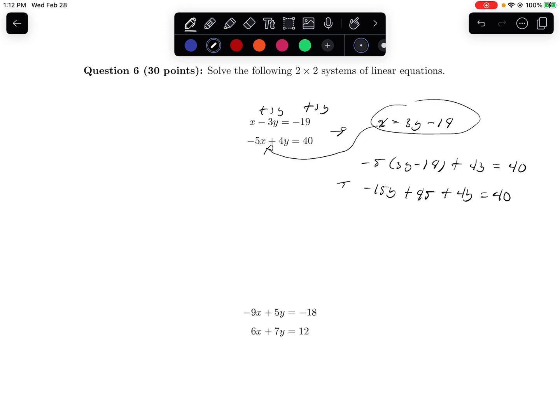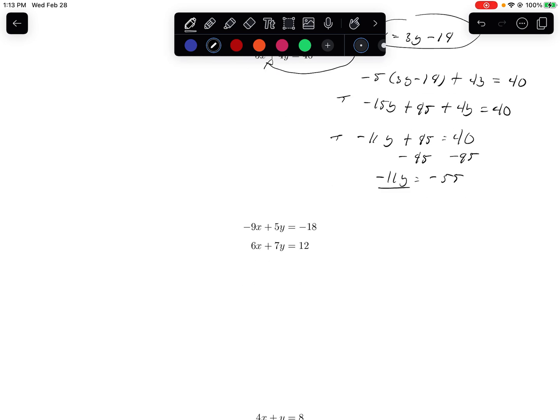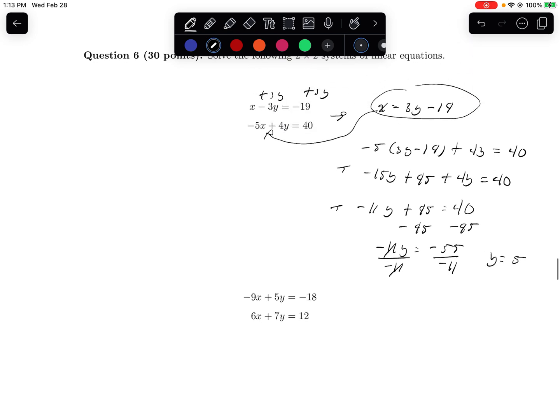So negative 15y plus 4y, that's going to give us negative 11y plus 95 equals 40. So we can take 95 away. All right, and that's going to give us negative 11y is equal to negative 55. We can divide both sides by negative 11, and we get that y is equal to 5.